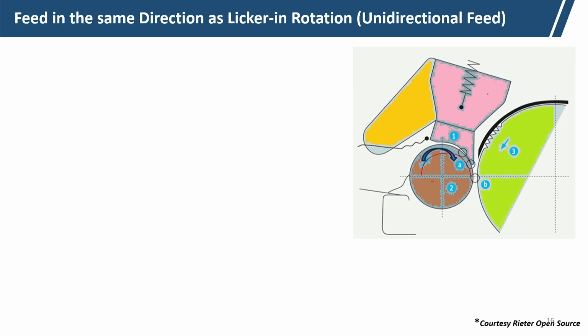The feed plate is pressed against the feed roller from the top. When the material is fed, it moves in the same direction as the licker-in, and due to this feeding the material gets a smooth action. So, the breakage is reduced.